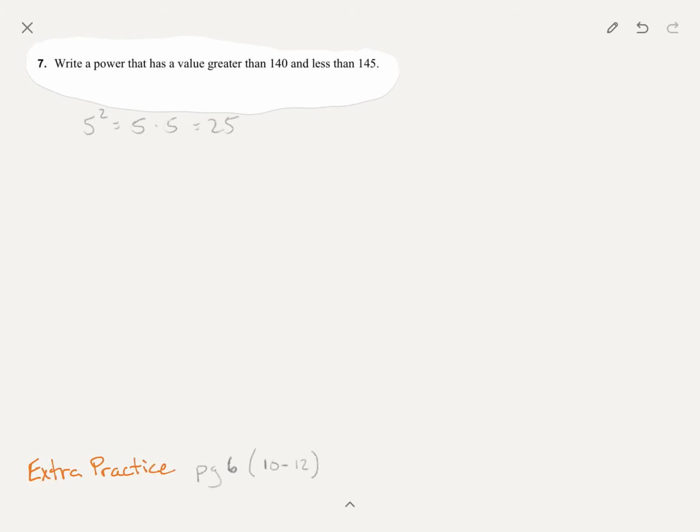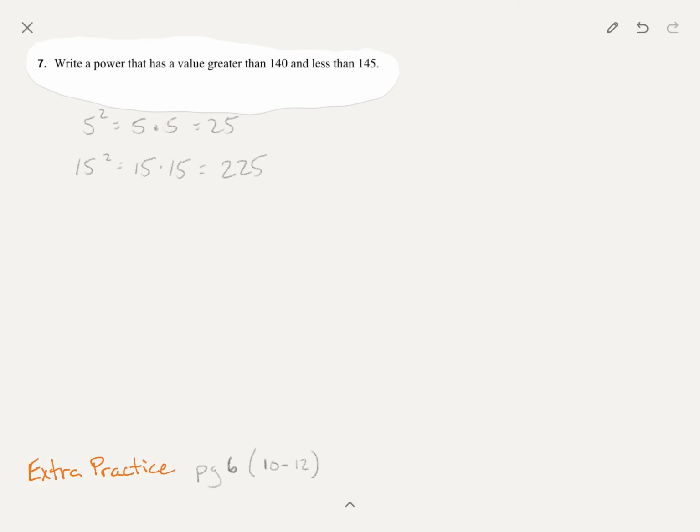So when I do guess and check, I'm just going to start picking some numbers and try to narrow it down. So I'll go to 15 squared. Okay, so 15 squared is going to be 15 times 15. I've done that a few times. So I remember that 15 times 15 is 225.